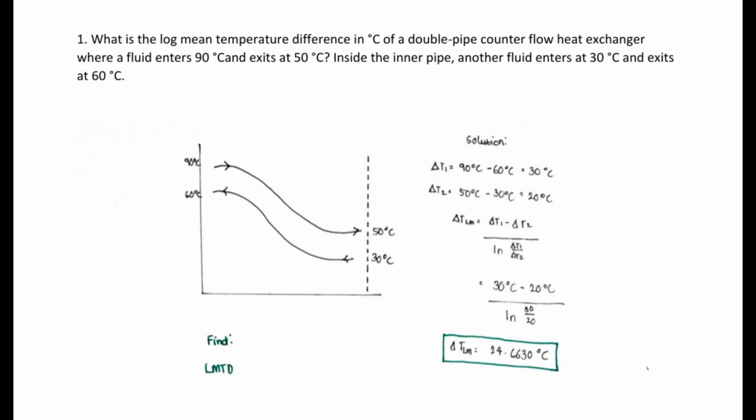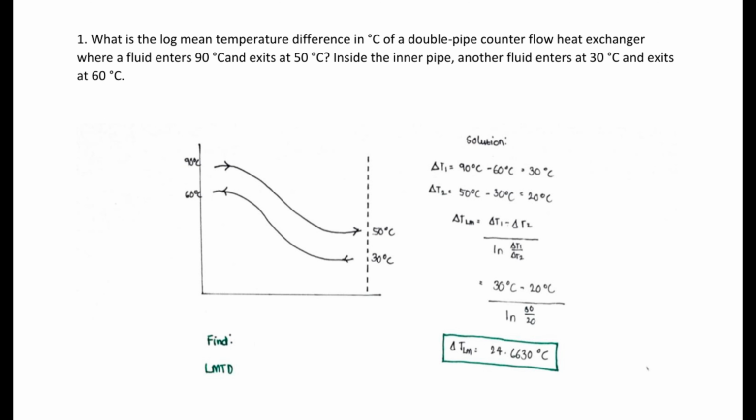So that is 90 degrees Celsius minus 60 degrees Celsius. So 30 degrees Celsius yung temperature difference natin sa una. Then sa pangalawa naman, yung hot fluid naman sa outlet minus yung cold fluid sa inlet, which is 50 degrees Celsius minus 30 degrees Celsius.